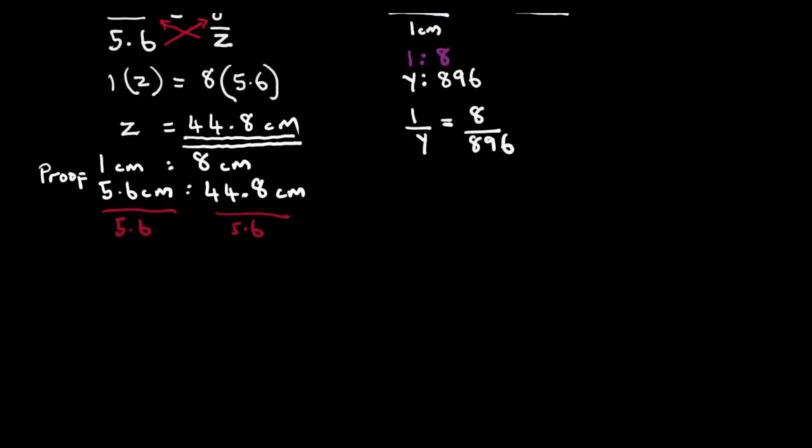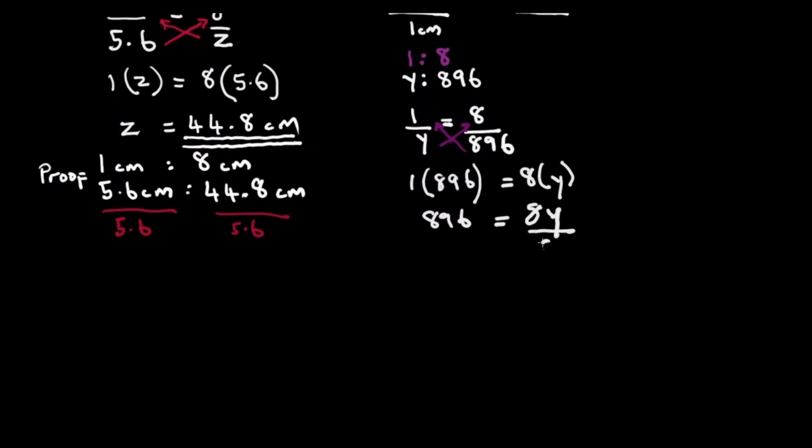So again, we have to cross multiply. 1 multiplying 896 will be equal to 8 multiplying y. 1 times 896, that's 896. It's equal to 8 times y, 8y.